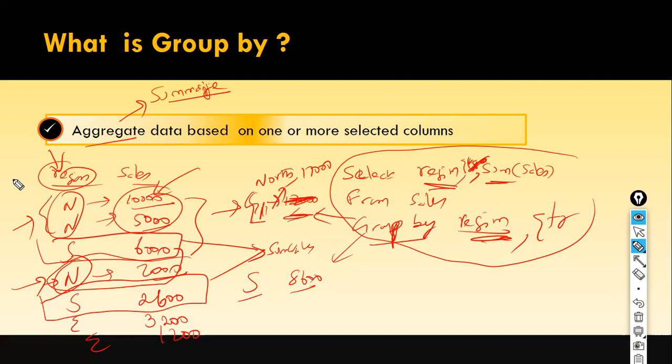In this case, for example, you have the quarter column. Here is quarter one, this is quarter two, and this is quarter one and quarter one, and in the east region you have quarter two. So in this case, what happens? It takes these two columns into account before it does the aggregation.